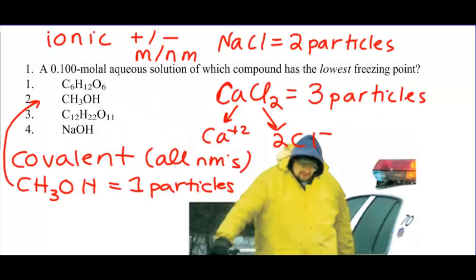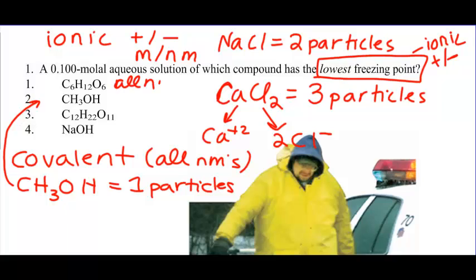So if you look at this question, a 0.1 molal aqueous solution of which compound has the lowest freezing point? You want to pick the one that is ionic, the one that has a plus and a minus. And choice 1 is all nonmetals, so it's covalent.